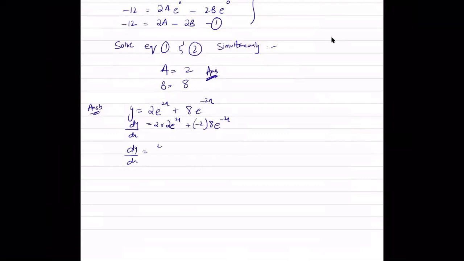So the answer comes out to be 4e to the power of 2x minus 16e to the power of minus 2x. You're going to set dy by dx equal to 0 and solve for x.